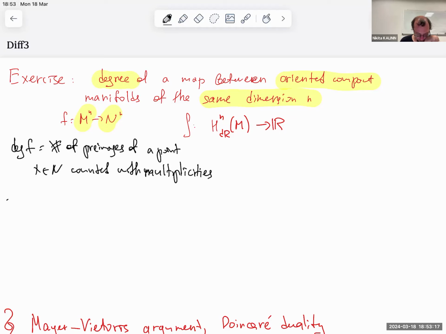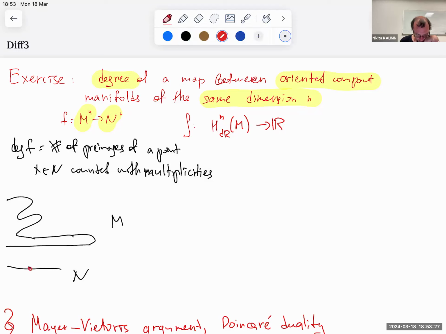Right, so here you have your manifold M, here you have a manifold N, and then you take any point in N, and then you take all the preimages. Here my preimage is not regular, so I also ask that the differential at all these points must be non-degenerate, so this is not good.